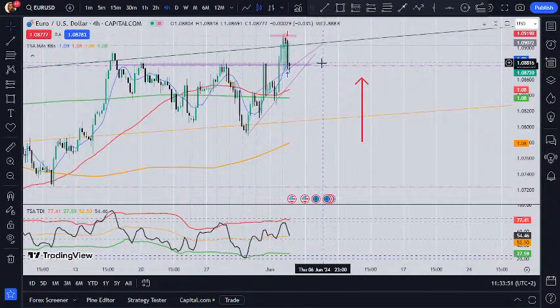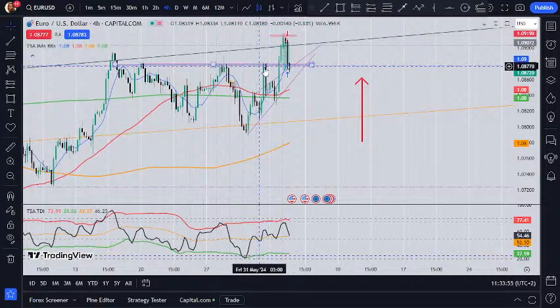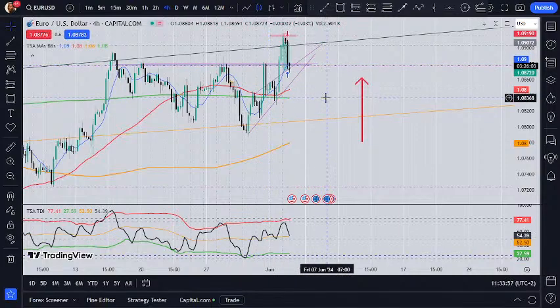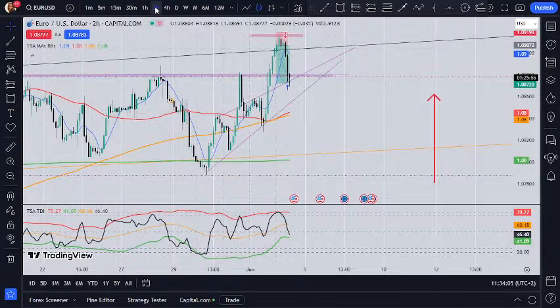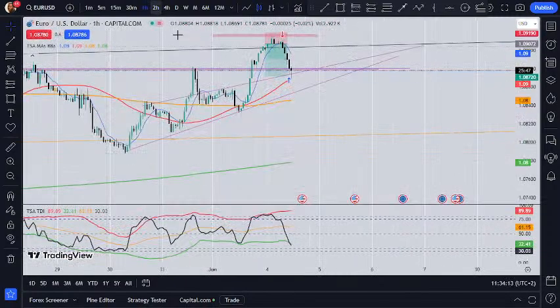But otherwise, this is a level of support. Level of support there. We go to lower time frames, starting on the 1 minute.